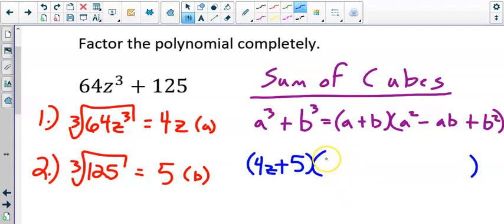Careful, you got to square it. 16z squared, because you're squaring this a. So 4 squared is 16, and z squared is z squared. And then it's a minus, and now it says multiply the a and b. So you get 20z, because 5 times 4 is 20. So 20z, and then plus, all you got to do now is square the b. 25.